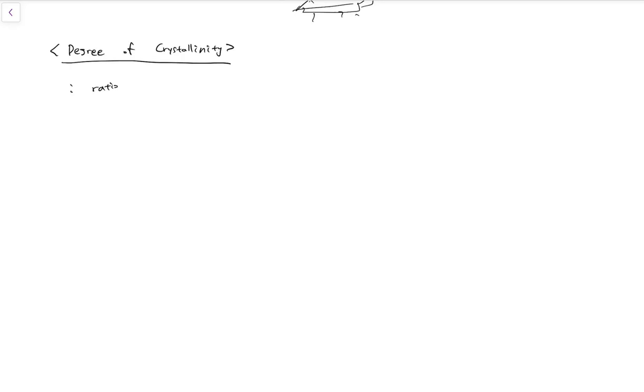Okay. So the degree of crystallinity is defined as the ratio, so it could be a volume ratio or weight ratio, of the crystalline region over the total region. Okay, so it should be smaller than 1.0, right, or 100%. Okay, the degree of crystallinity.